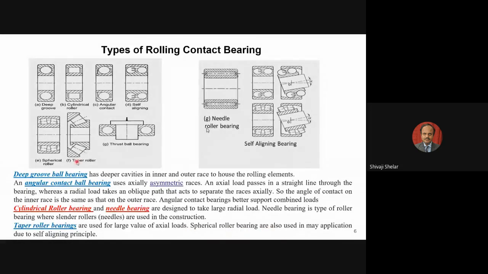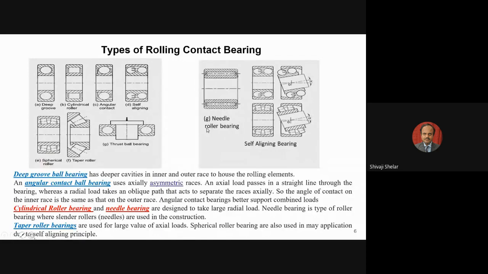Spherical roller bearings, this part, are used in many applications due to the self-aligning principle. Most automobile components use self-aligning bearings, because there is misalignment during operation, so it has to be taken care of by the bearing itself.